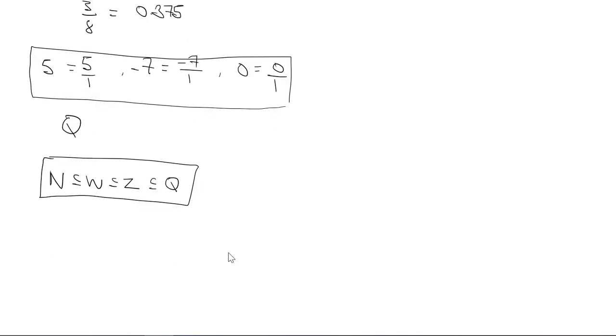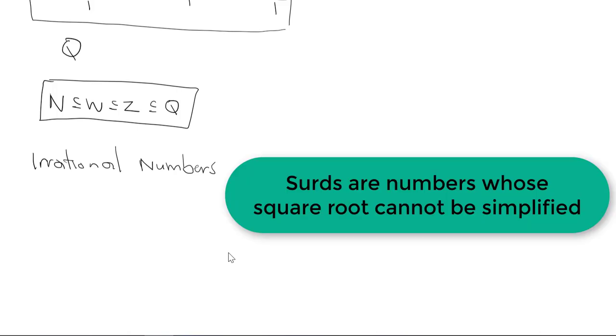The next set we will look at is the set of irrational numbers. An irrational number is any number that cannot be fully written as a decimal or ratio. The decimal part neither repeats nor terminates. A perfect example of irrational numbers are surds. A surd is a number whose square root cannot be simplified.